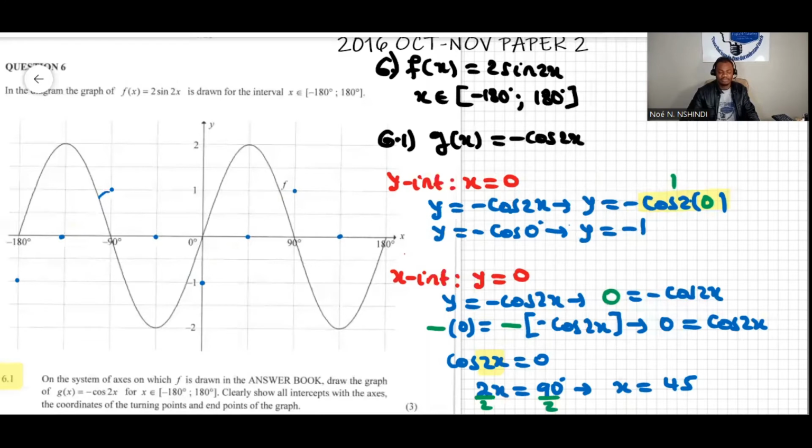Try to make them a little bit round, and then start drawing, try to make it a curve, and avoid making it look like straight lines. So things like that. Yes, approximately. Now we have the answer to 6.1, and then question 6.2.